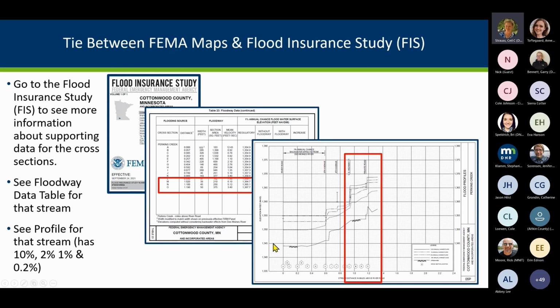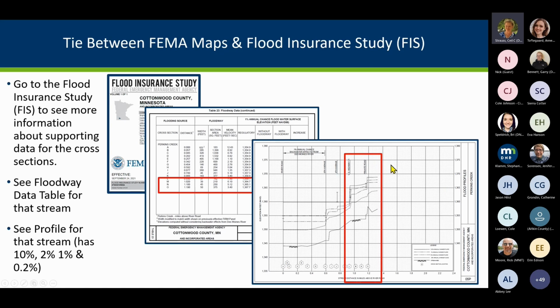But then if you want to know about other supporting information that we've got, you go to the profile. In the older flood insurance studies, those were printed as an 11 by 17 fold out page. And it's got that same cross section here, but it's got the thalweg, the river bottom, it's got the 10-year, the 50-year, 100-year, and the 500-year frequencies on here.